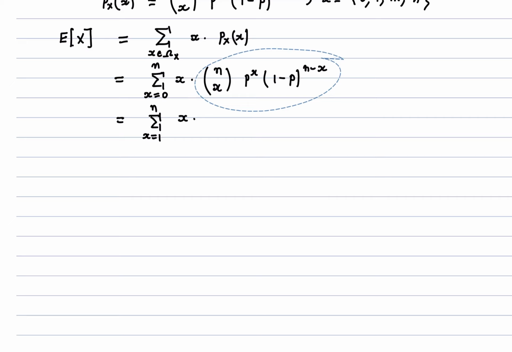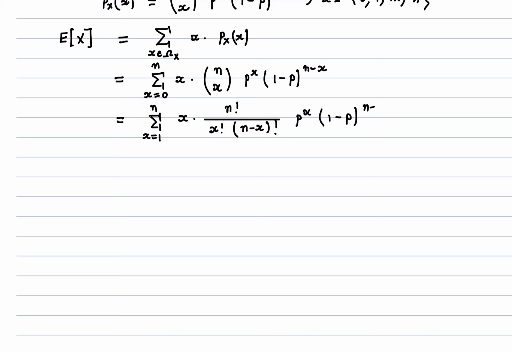One of the other things I'm going to do is expand the combinatorial factor here. Quite simply, n choose x is by definition n factorial over x factorial times n minus x factorial. And of course we've still got the p to the x, 1 minus p to the n minus x. The next part is to recognize that the x out the front can cancel with the x factorial.